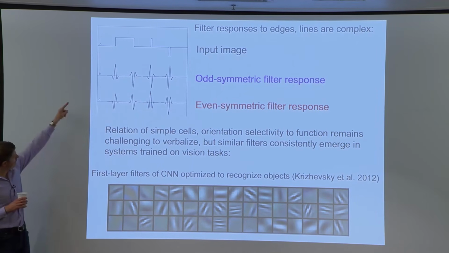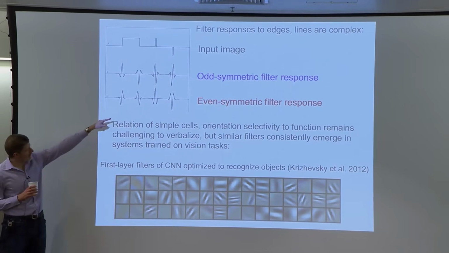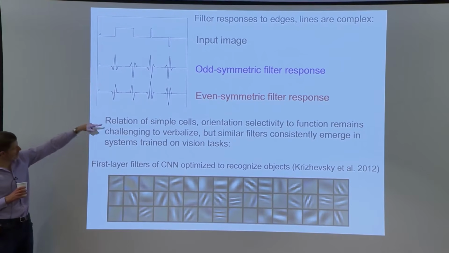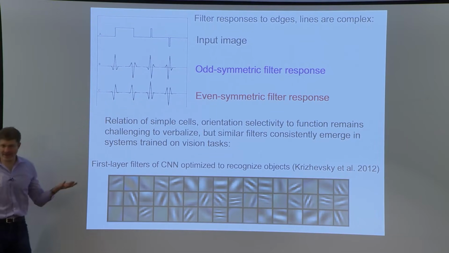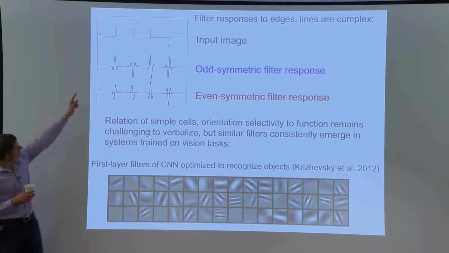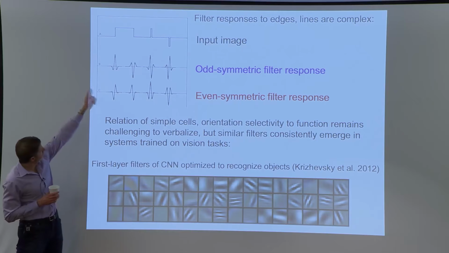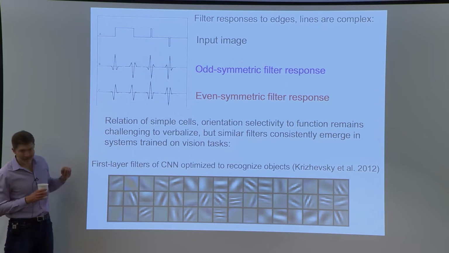Then B and C plot the convolution of an odd symmetric filter, that's B, and an even symmetric filter, that's C. So we're measuring the response of the filter at every position in the image. Again, that's what a convolution does. And again, naively, you might expect that an edge detector is just going to give you a delta function at the edges, and the line detector would give you a delta function at the lines.